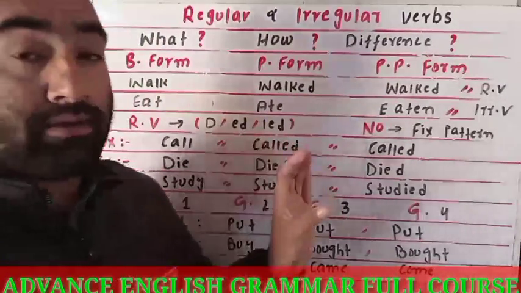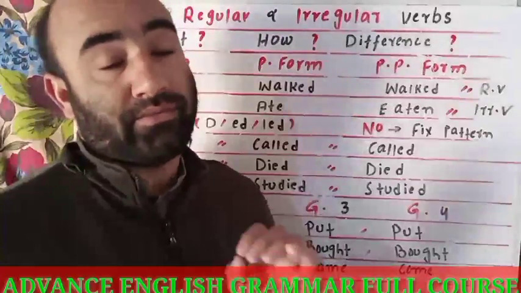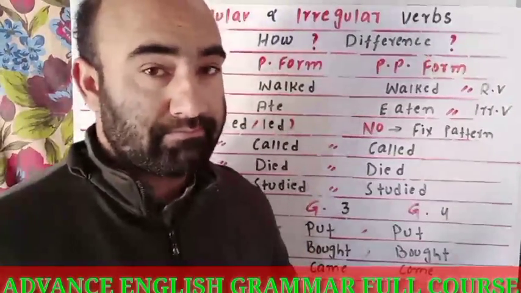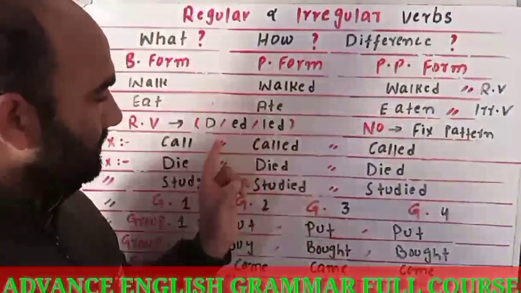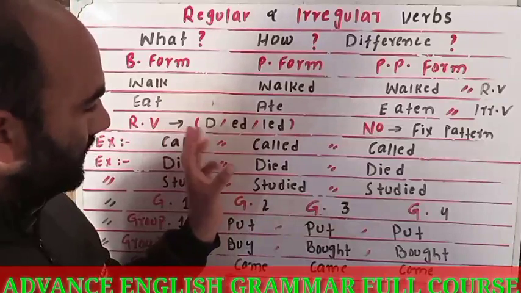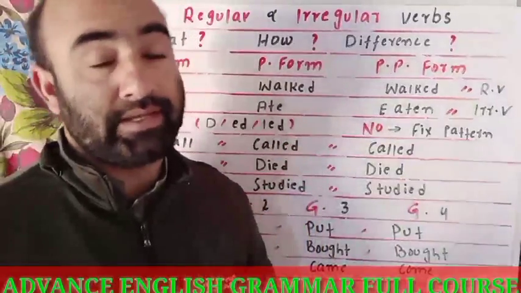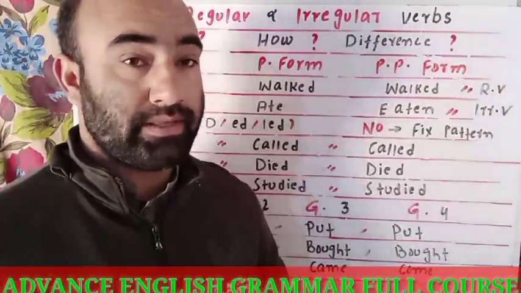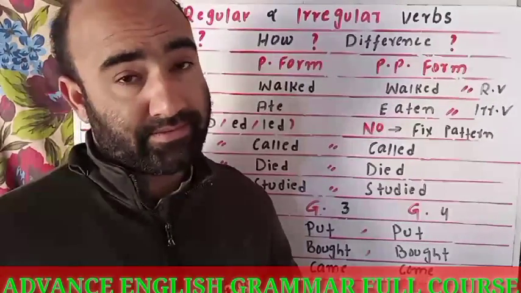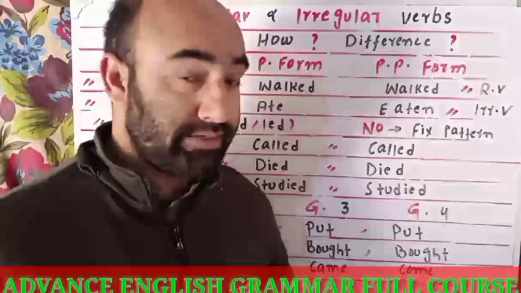Now, how are the regular and irregular verbs formed? We use d, ed, or ied at the end of the verb, and they become the past form and past participle form.